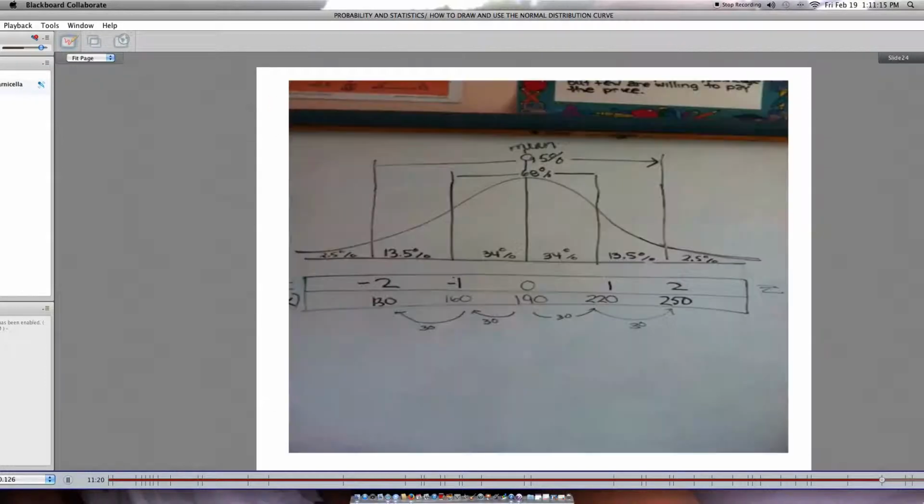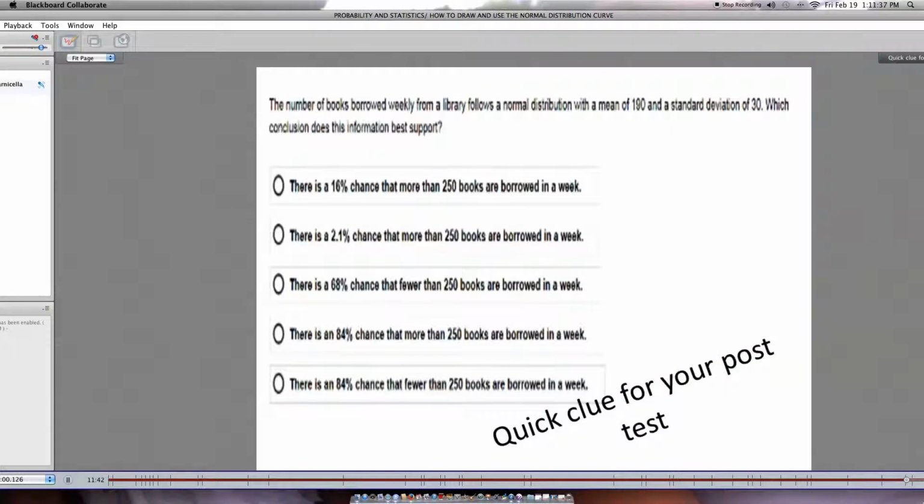This isn't something that you do mathematically. It's something that you look at and you read. Just like with option C at 68%, you know that 95% already go from 130 to 250, so you know that's too low a number for fewer than 250 books per week.